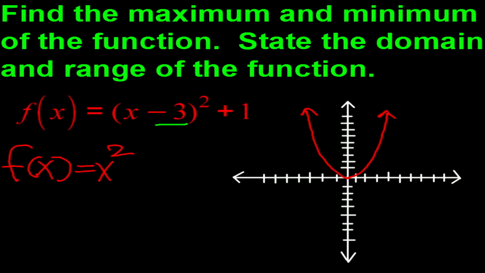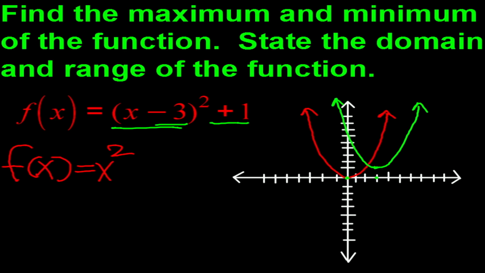Typically, we think negative goes to the left, but in this case it's going to be opposite of that. So the vertex is going to be shifted to the right 3 places. Then this plus 1 is outside the function. That's a vertical shift. It shifts it up and down, and it works exactly the way we would think. It's a plus 1, so it's going to shift it up 1. So the graph of this, based on the horizontal and vertical shift, is going to look like this.